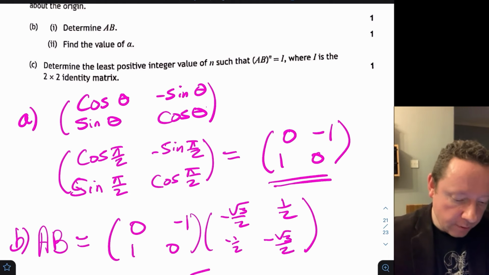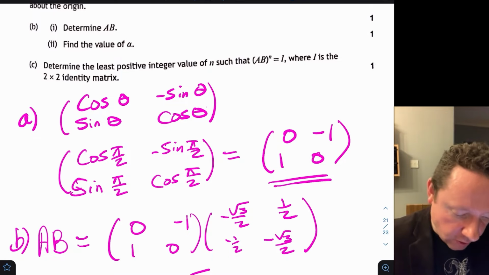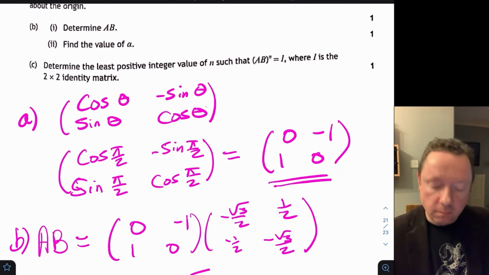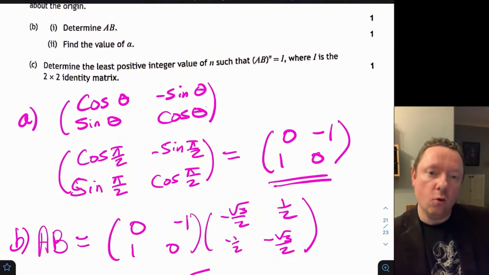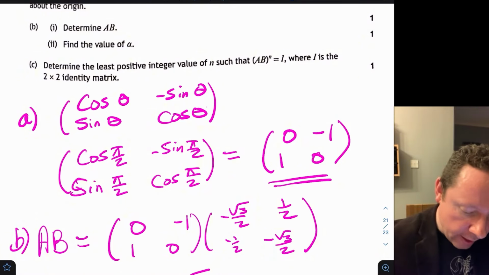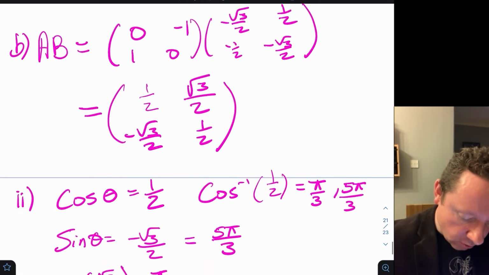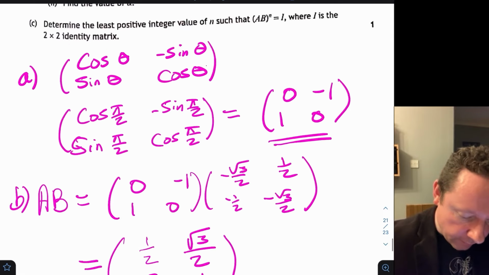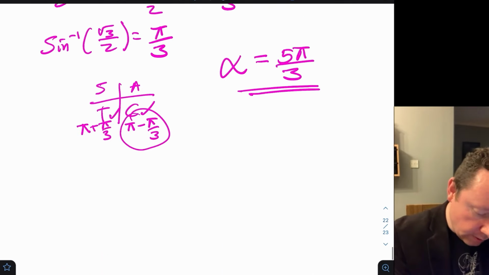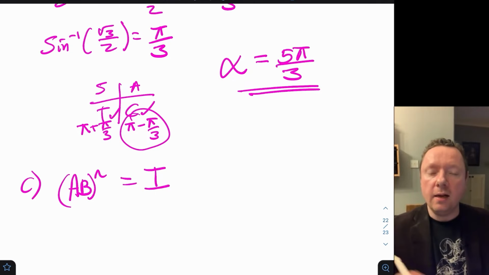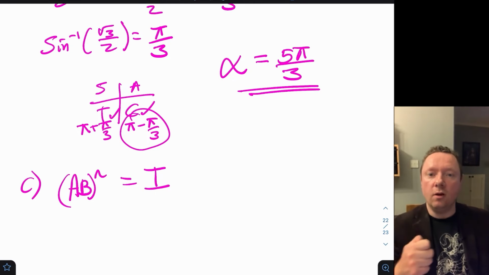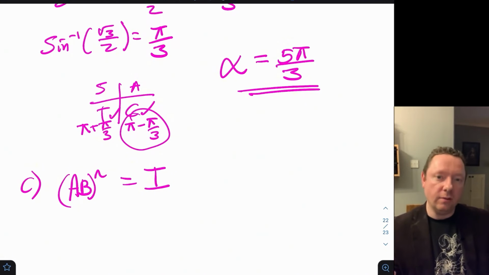Part C, determine the least possible value of n such that (AB)^n equals I, where I is the 2 by 2 identity matrix. A couple of ways you can do this actually. You could just keep doing it over and over again, but there is a simpler way. If we think of AB as our rotation of 5 pi over 3, we're saying that (AB)^n equals the identity matrix, which means, if you think about it going around 5 pi over 3, how many times does it have to go around till it gets back to where it started?